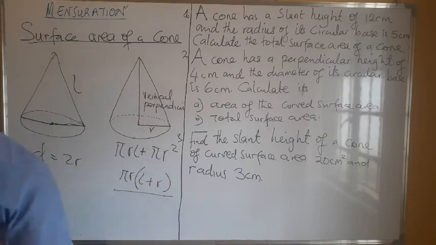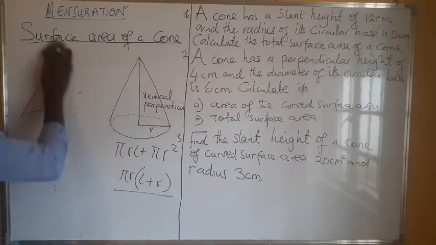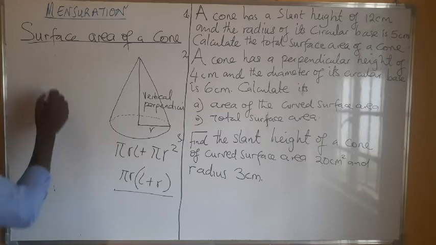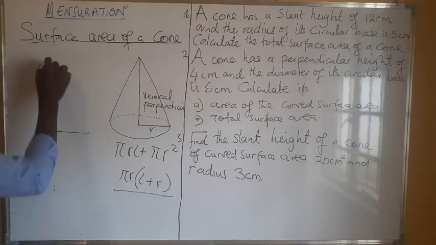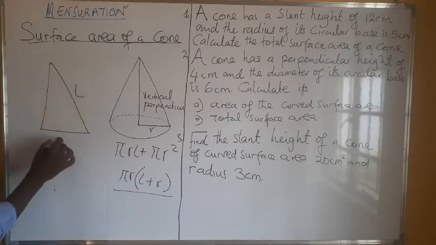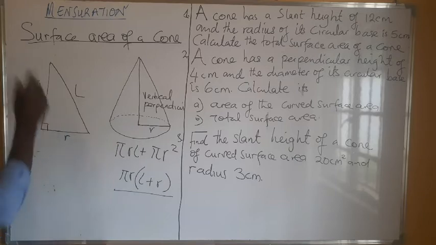So you should be able to know here that if we have this case, this is our slant height, and then this is our radius. Then this is our h, which is the perpendicular height or the vertical height.